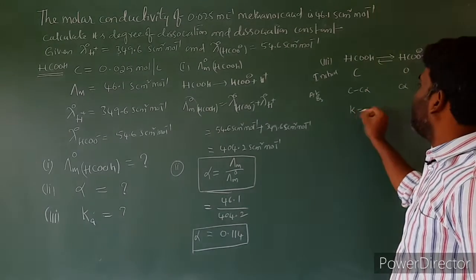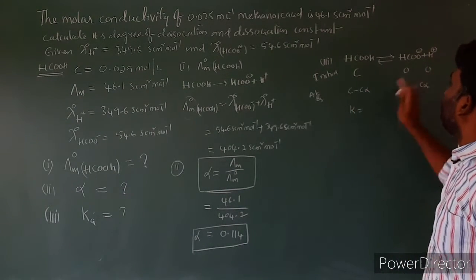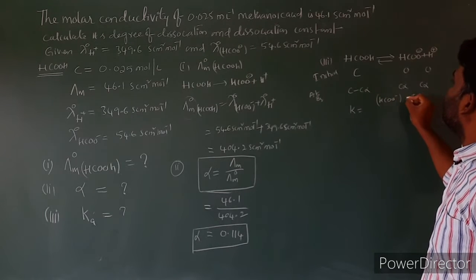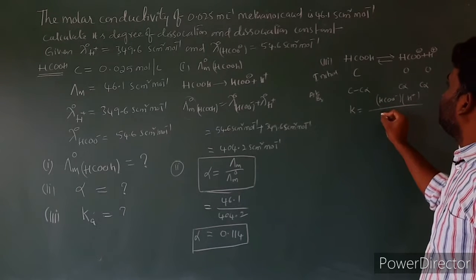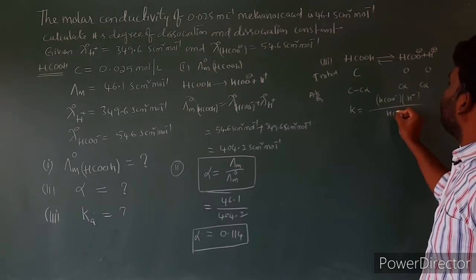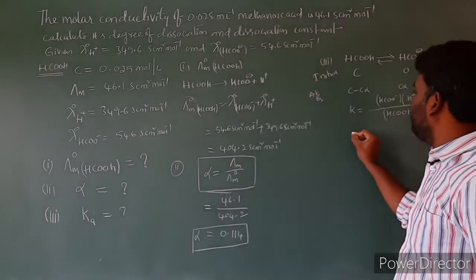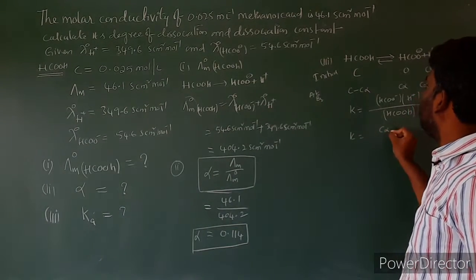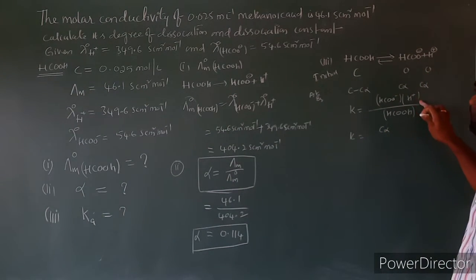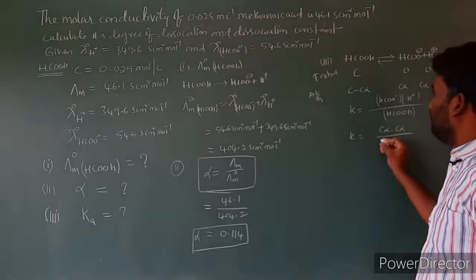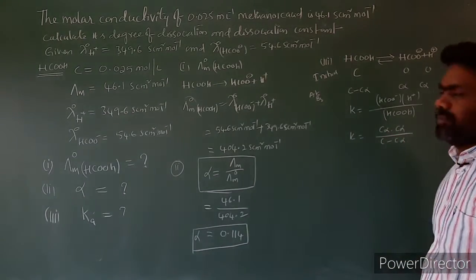Then K is equal to the concentration of products, HCOO minus and H plus, by the HCOOH concentration. So K is equal to C alpha, the HCOO minus concentration, times C alpha, the H plus concentration, by C minus C alpha.